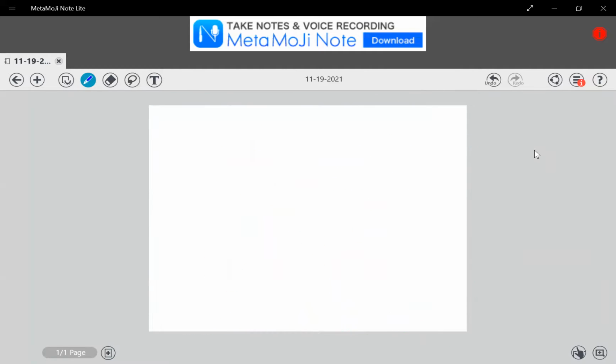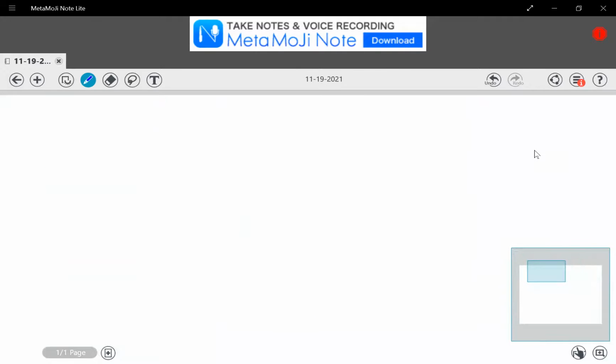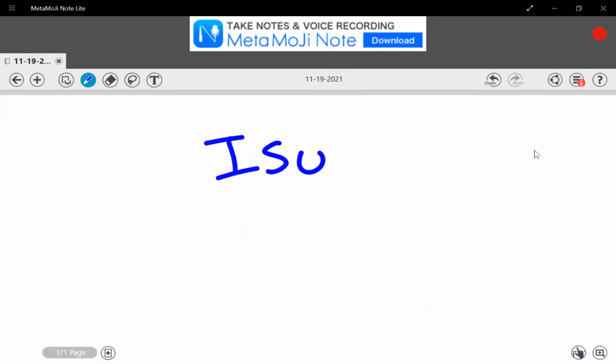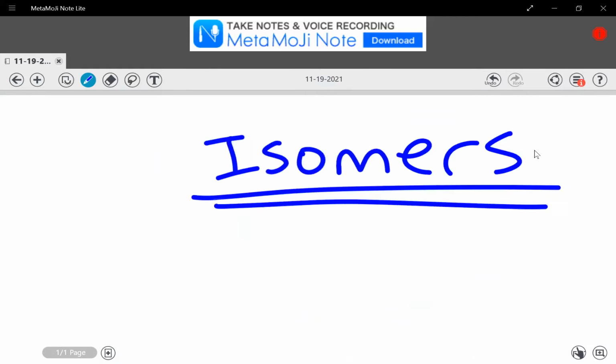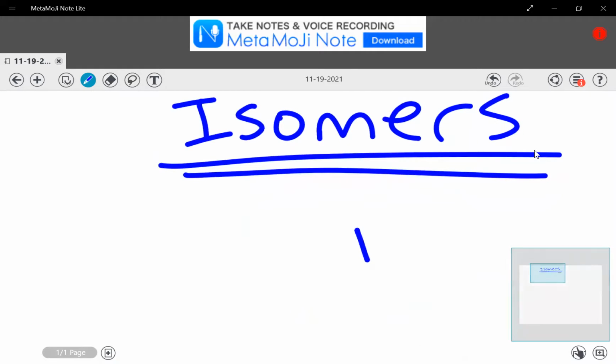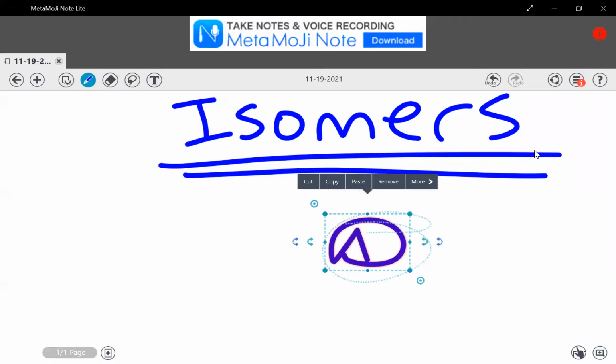All right. So first up, we've got isomers. What are isomers? Same molecular formula, different compound. Okay. It's like, I don't know what that is.